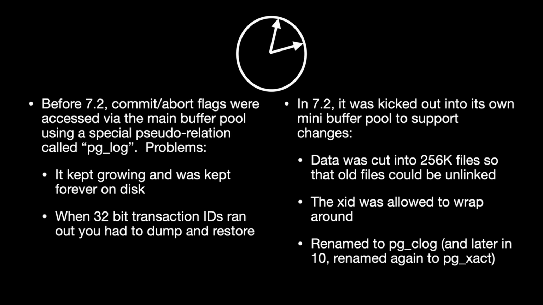And there were a couple of problems with that. One of them was that it kept growing bigger and bigger and bigger. There was no way to throw away old data, so there was a file getting bigger on disk. And back in those days, disk was much more expensive and space was an issue.